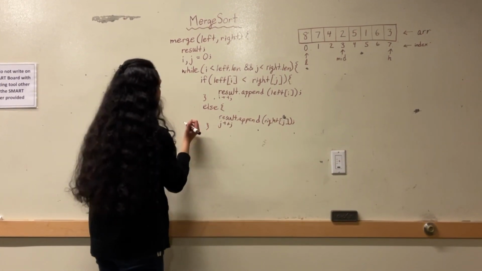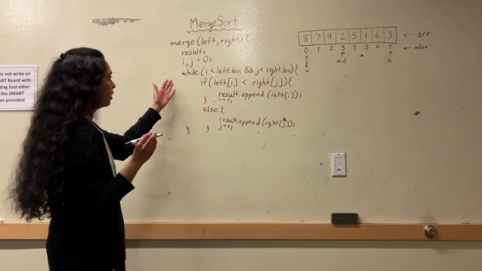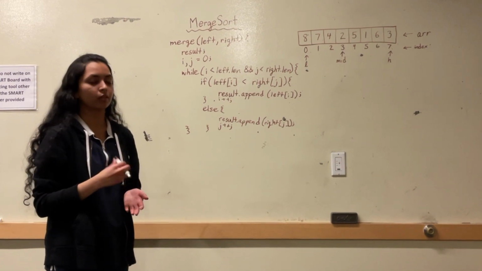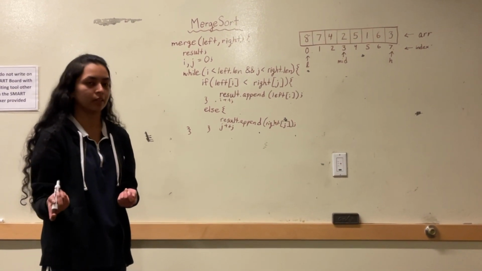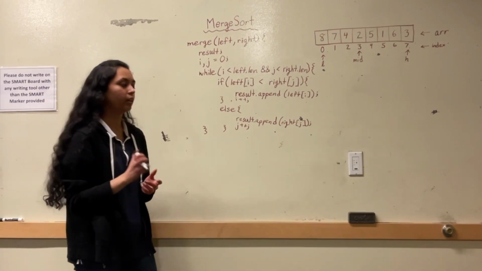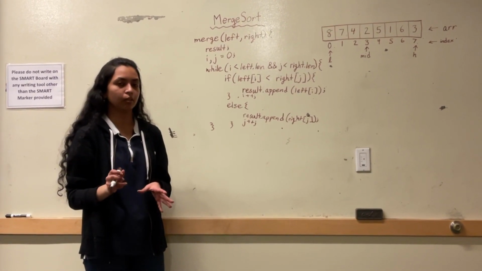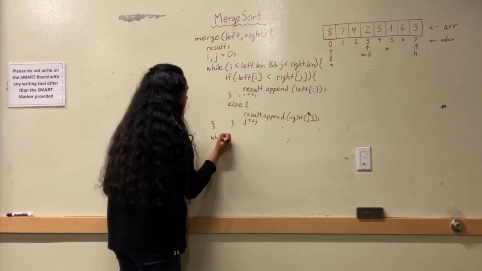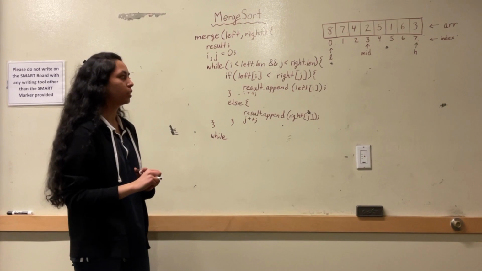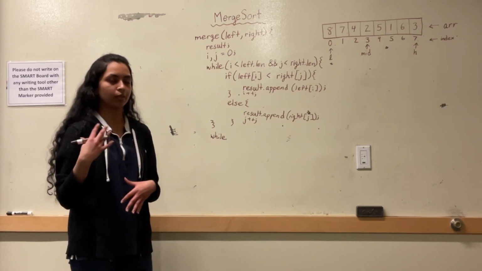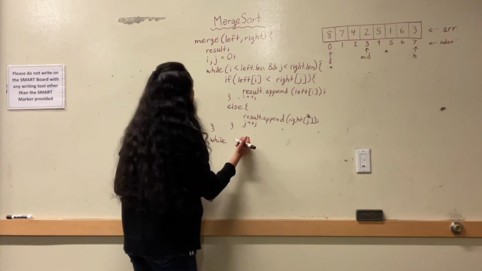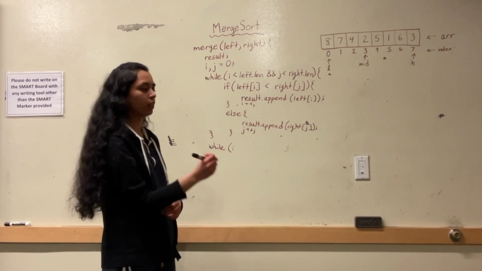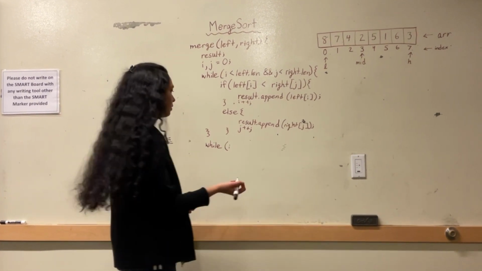Next, when this while loop is done, that means that we've either gone through all of the left array's elements, or we've gone through all of the elements in the right array. And so that means that we might not have gone through all of the elements in the other array. And so for that, we're going to have 2 additional while loops to go through the array that has elements that we haven't seen yet. So this first while loop is going to be for if there's elements in the left array that we haven't seen yet.